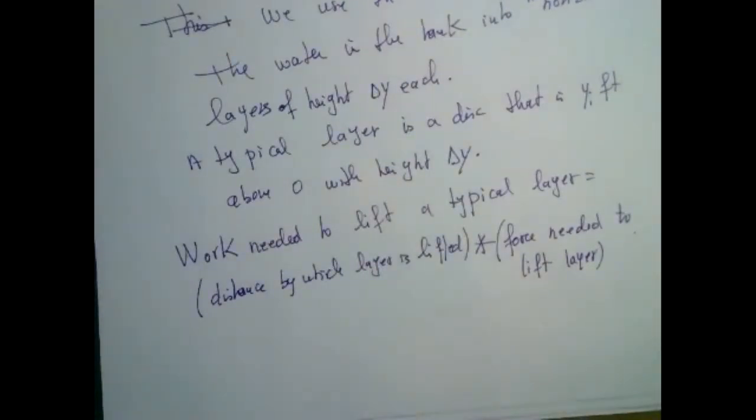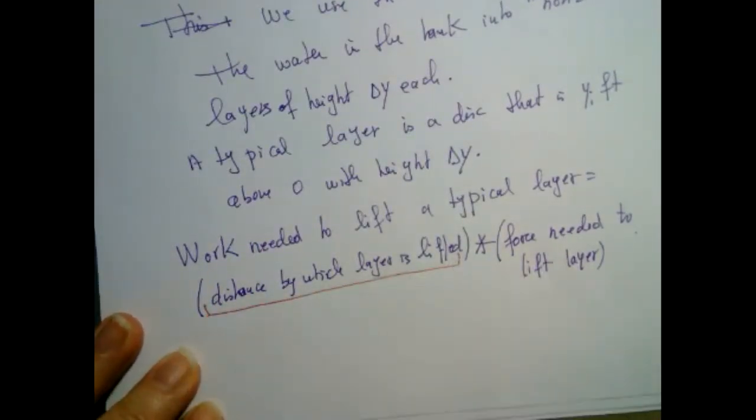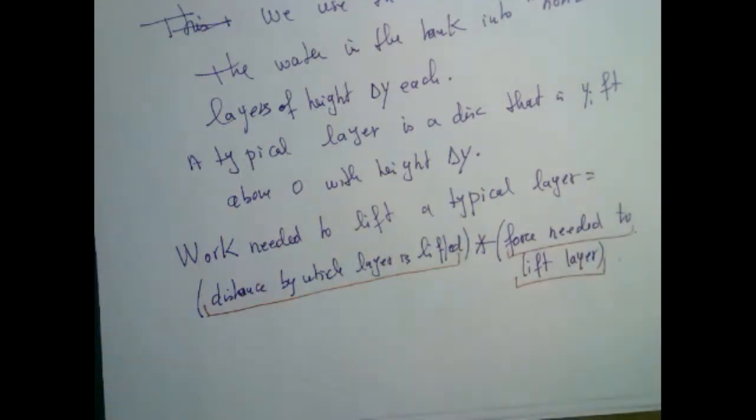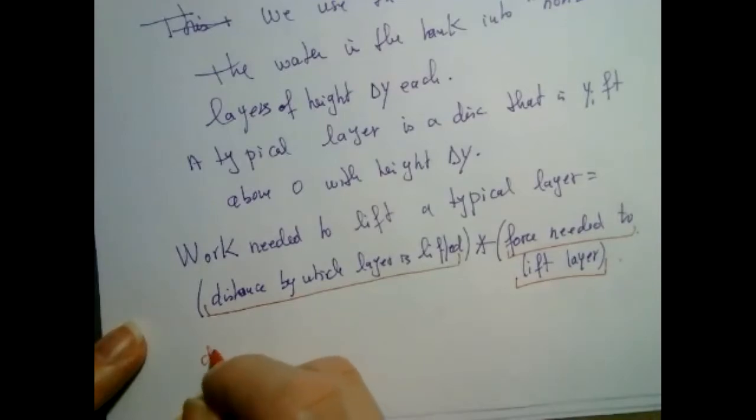Now I'm going to take each piece by itself and focus on it. What's the distance by itself and what's the force? And then we multiply them. So let me ask the first question. What's the distance by which a layer is lifted?